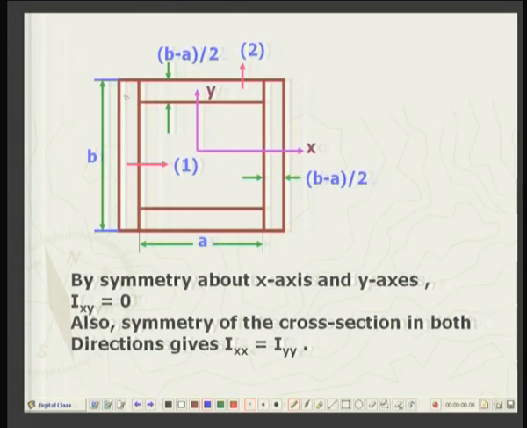So, about its central axis, that is going through the mid thickness, it will be a into b minus a by 2 whole cubed by 12, and then with the help of the parallel axis theorem we will transfer it over here to the x axis. So, that is exactly what we are doing.